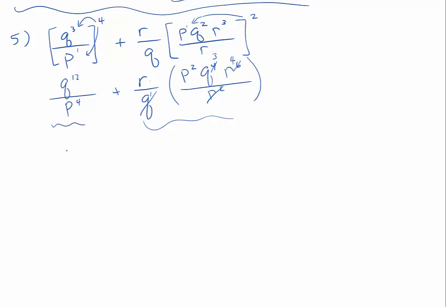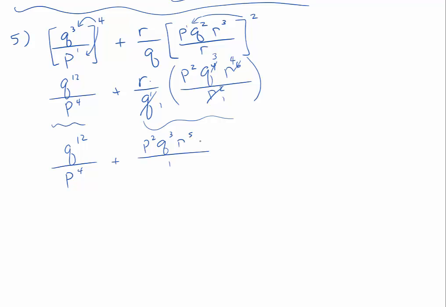And so what I get after all of that, this term is still the same, q to the 12th over p to the 4th, plus, and then I have a fraction here, but since I canceled these out, the fraction is just the 1 on the bottom. And then I have a p squared. The q was whittled down to a 3, and then the r to the 6th, if I add the other r that's out here, it's not plus or minus, it's times r to the 5th power.